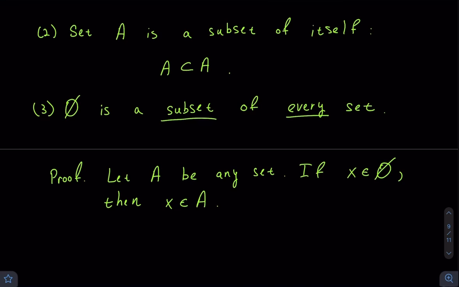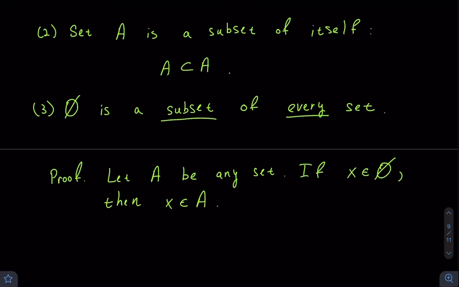But why is it true? Well, my hypothesis that X is in the empty set is actually a false hypothesis, right? Because we know that the empty set can contain no object at all. But I'm supposing that there is an object in the empty set.